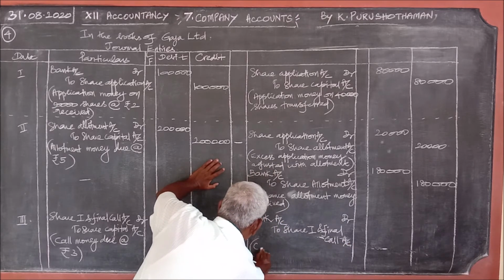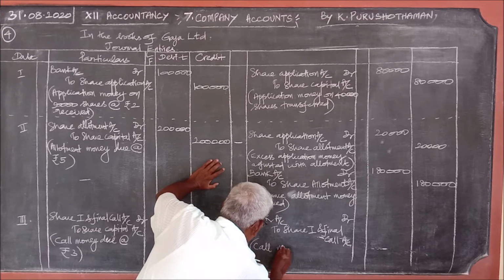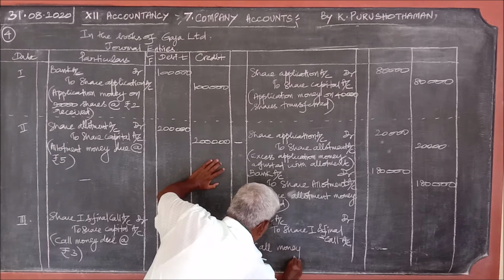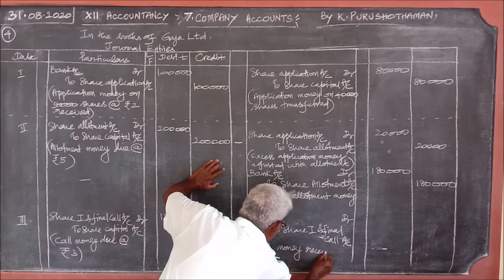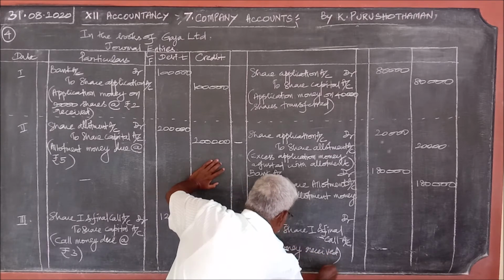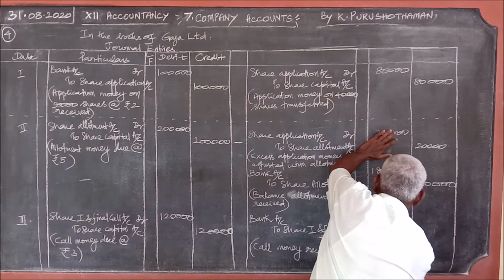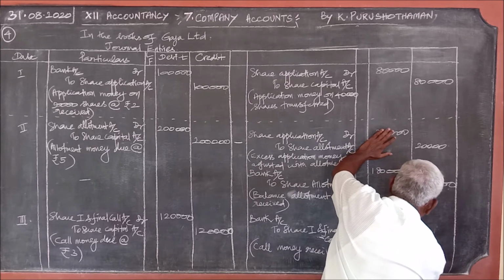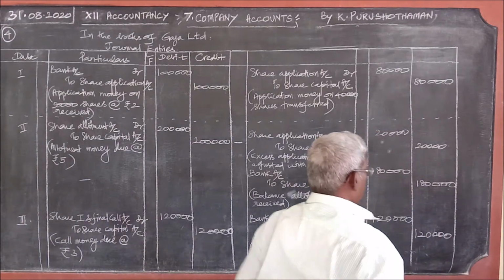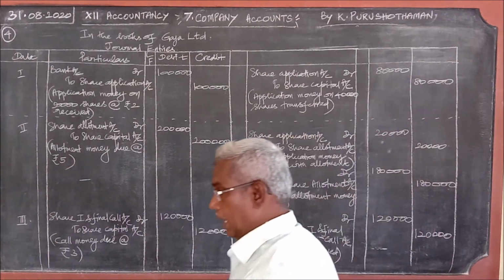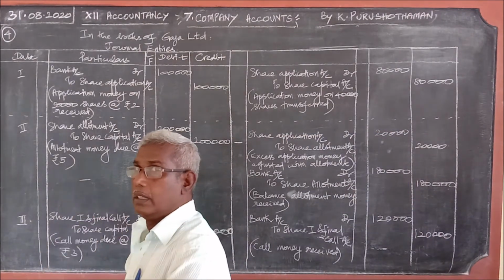Call money received. The same 1,20,000. This is the answer for the fourth question.